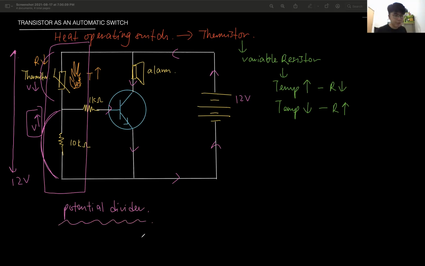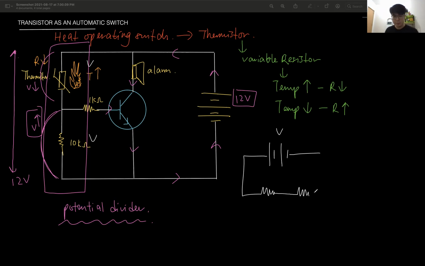Sometimes they'll ask you to calculate. They give you the voltage here, and then they ask you to calculate what is the voltage here. What is this V? So you have to look back at your potential divider notes. How do I find the voltage? This is V. This is R1, R2. Still remember, right?